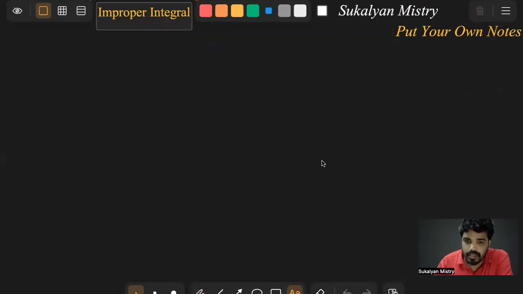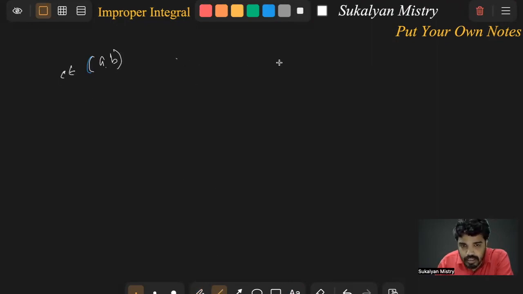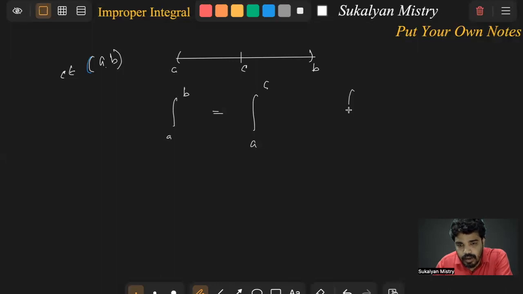I repeat, just see. The integration interval given is ab, right? I consider a point c. This is the interval ab, and this is the point c. So integration a to b we can write as integration a to c plus integration c to b. Here a and b are both points of infinite discontinuity.